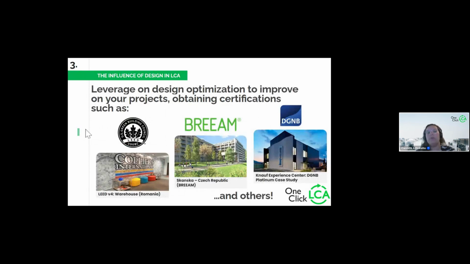Even though you would be working with design, because you can incorporate LCA into your design, you would also be able to perform certification projects, because many of them work with the idea of improving the building. So as you would be doing this already for your design process, doing the LCA from beginning to end, you can also leverage it to have certifications on your projects.